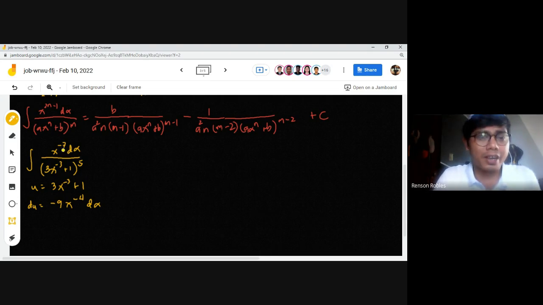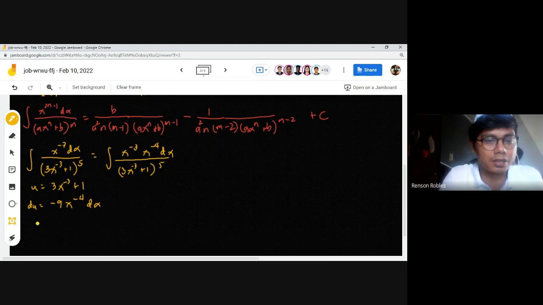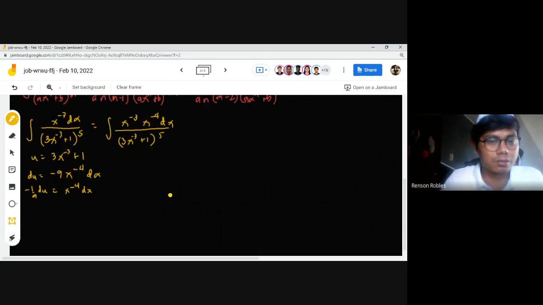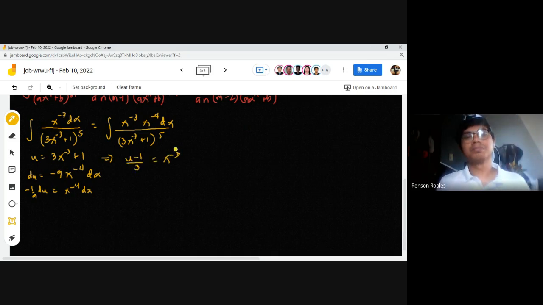Okay, and then what do you see here? x raised to negative 7. So we will break this down as x raised to negative 3, and the other one is x raised to negative 4 that will go along together with dx. And that makes x raised to negative 7, all over 3x raised to negative 3 plus 1 to the 5th power. Right? And then negative 1 over 9 du is equal to x raised to negative 4 dx. And continue. From here, you look for the value of x raised to negative 3. u minus 1 over 3 is x raised to negative 3.